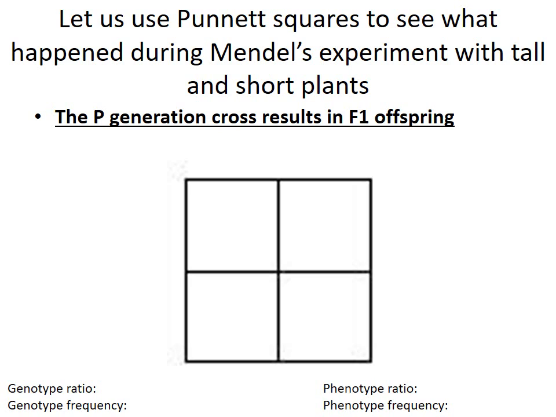So we're going to take a look at a Punnett square to see Mendel's experiment. He started off with pure breeding plants. So let's say they were a pure breeding tall plant, big T, big T, crossed with little t, little t. Let's put the gametes of the tall one on top, big T, and the gamete of the short one on the side, little t.